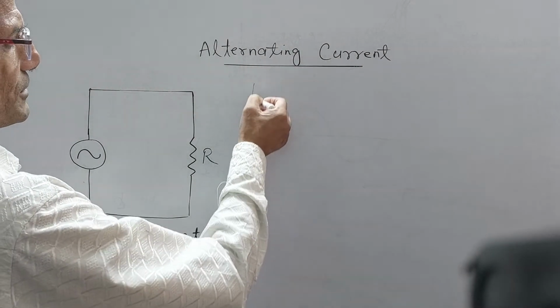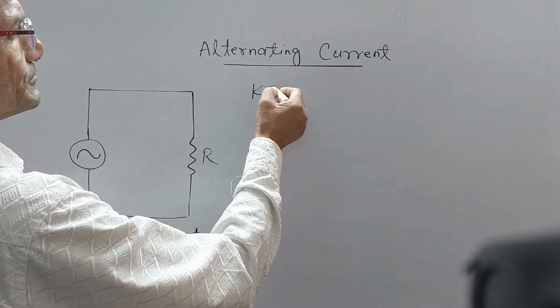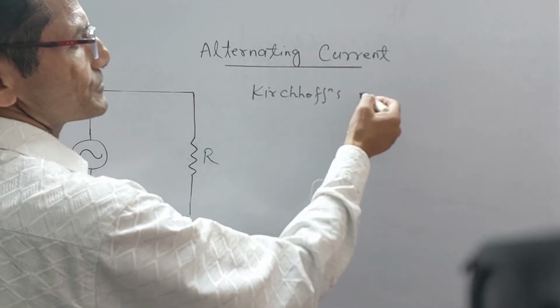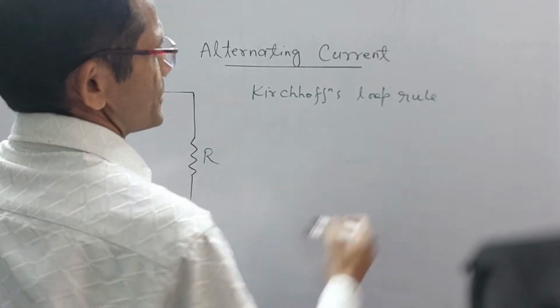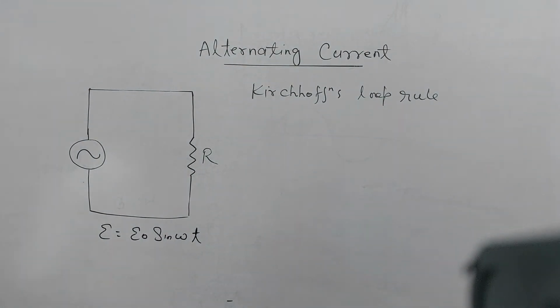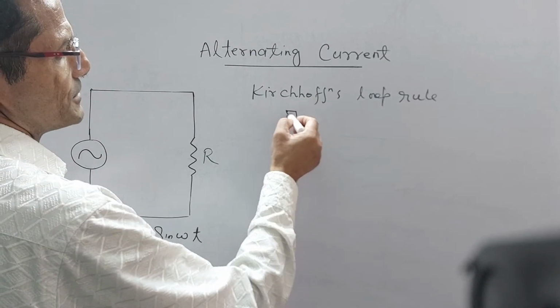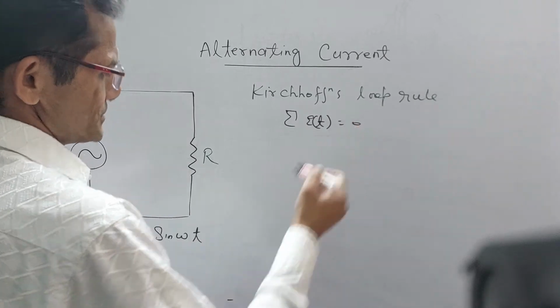By Kirchhoff's law, we know that the total voltage across the circuit elements is equal to 0. The voltage varying with time is equal to 0.